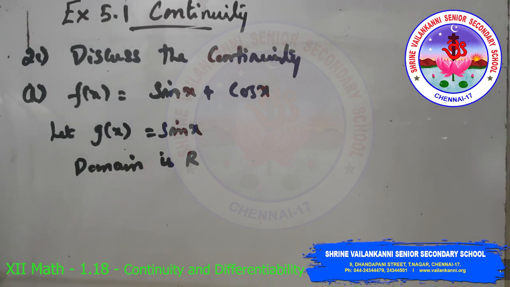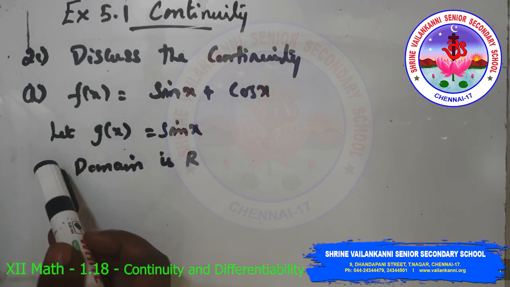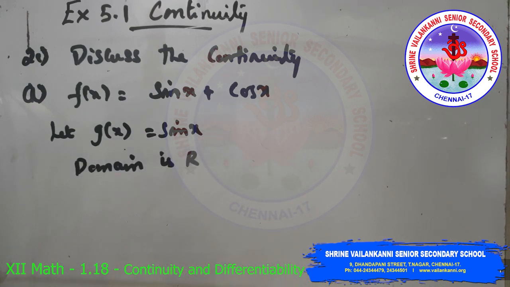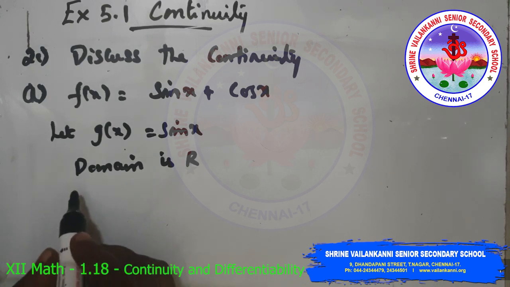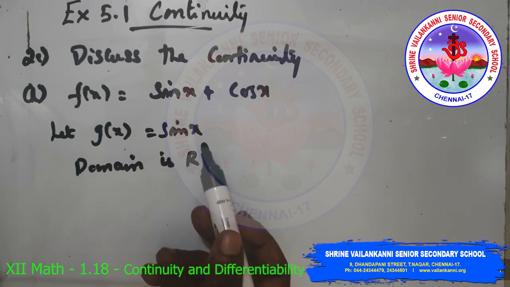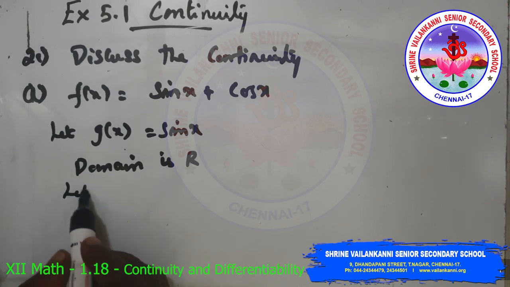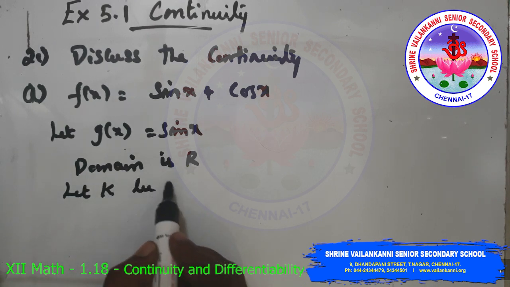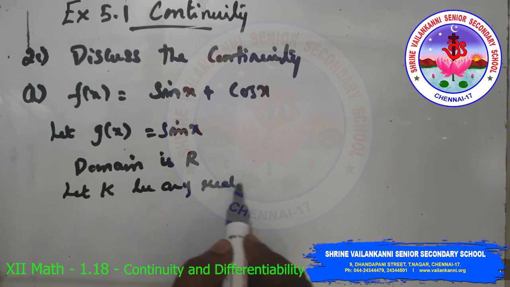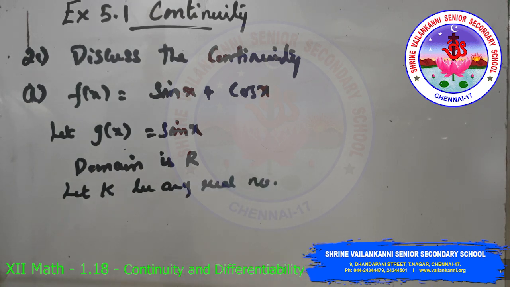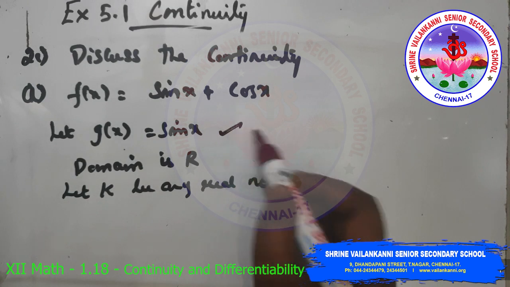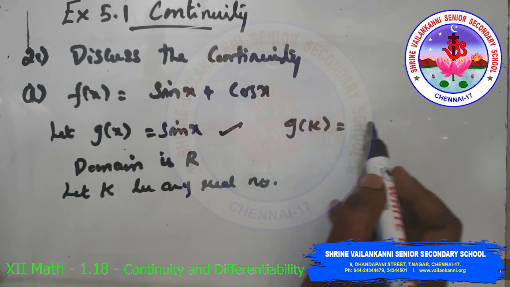Question 21. Discuss the continuity of the function f of x equal to sin x plus cos x. So let's take g of x as sin x, which is defined for every real number. Let the domain of this function sin x be the real numbers, and let k be a real number. g of x is sin x, so g of k is sin k.